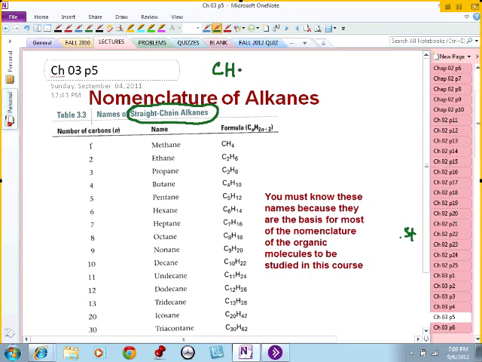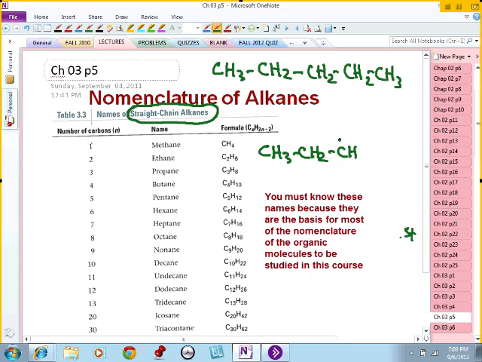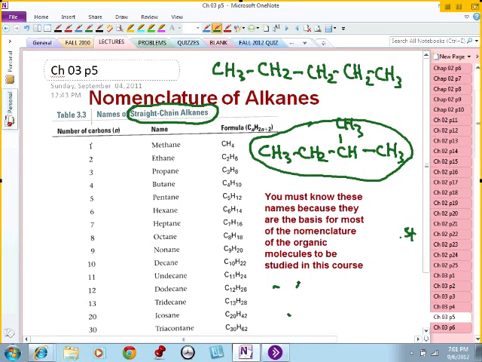For example, if I have this CH3 attached to CH2, attached to CH2, attached to CH2, and CH3, I call this a straight chain alkane, as opposed to, if I have this CH2, CH, this here, I will refer to this as a branch alkane.